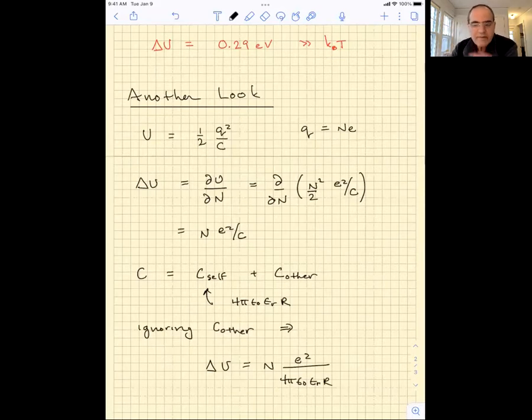But now we know how to include the capacitance from other conductors that might be nearby. So if the dot is very small, then we might expect that the self-capacitance might dominate, or at least the capacitance due to other conductors nearby might be of the same order. And so in that case, we expect that we can get an appreciable charging energy when we add just one more electron.